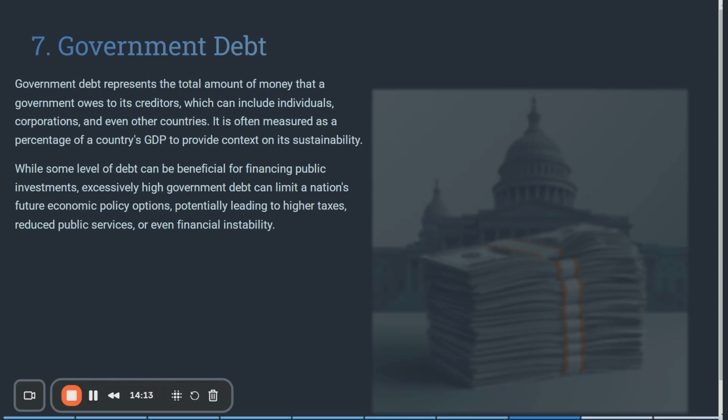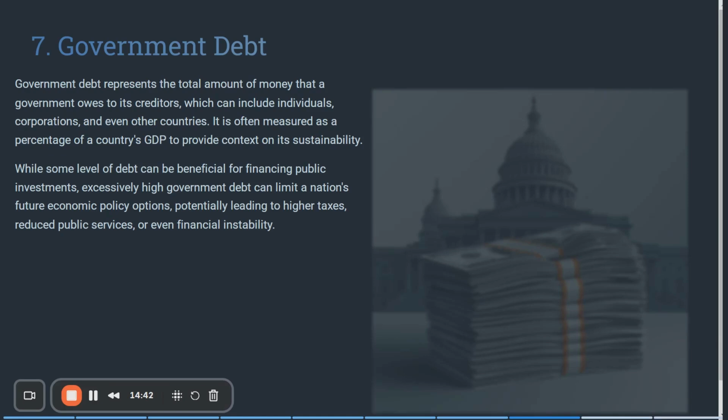Now you know about this, so we compare with an example, India and US, as per 2024 data. Let's compare two major global economies, India and US, using key economic indicators based on 2024 data.